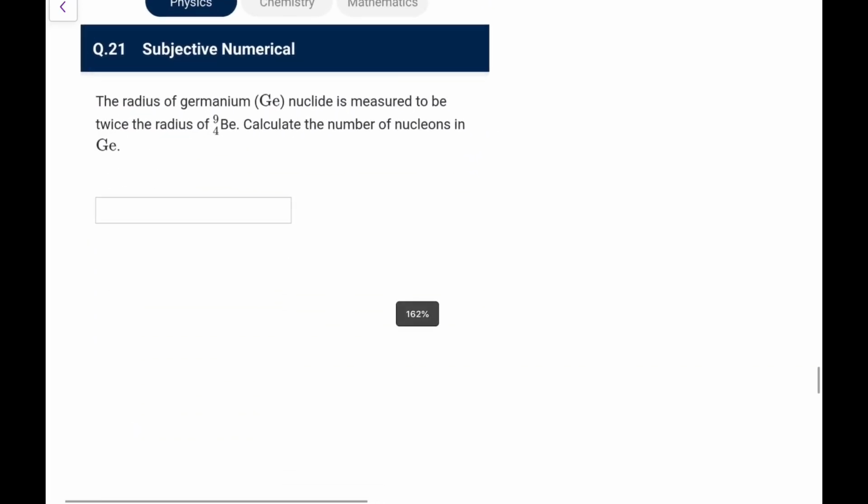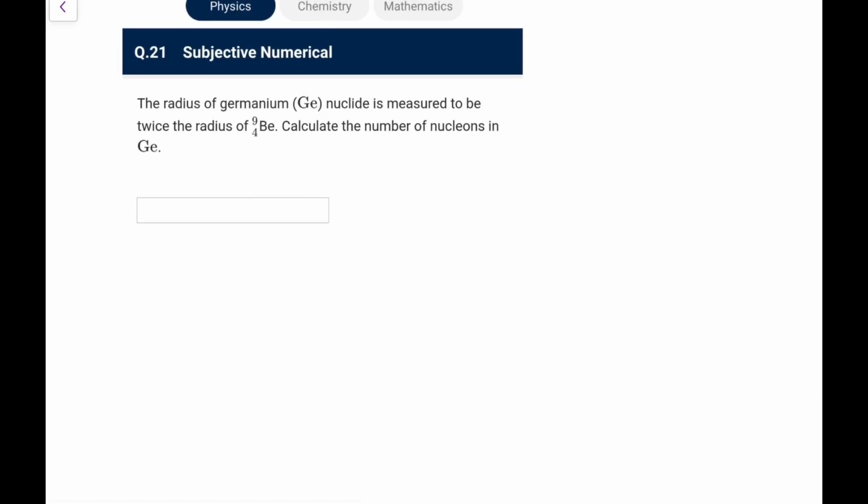Next one, the radius of a germanium nuclide is measured to be twice the radius of beryllium. Calculate the number of nucleons. So what I can say, radius of germanium to radius of beryllium would be equal to, we can say r is proportional to a to the power 1 by 3. So it would be a of germanium to a of beryllium, which is to the power 1 by 3, and that is 2.